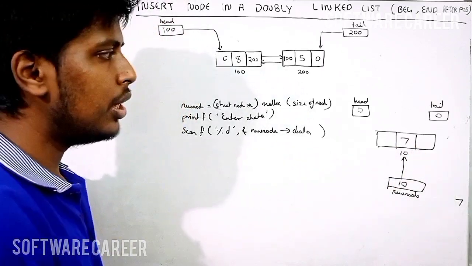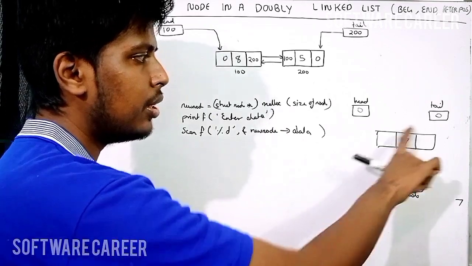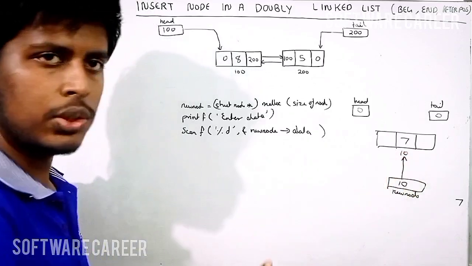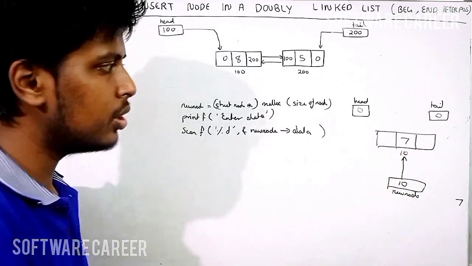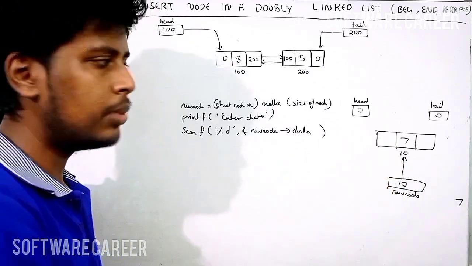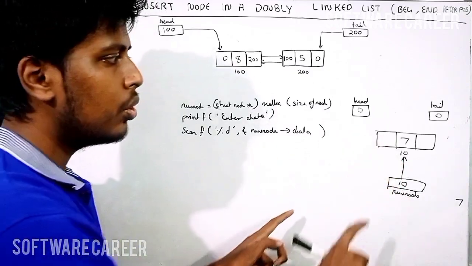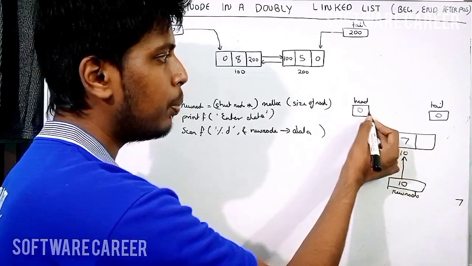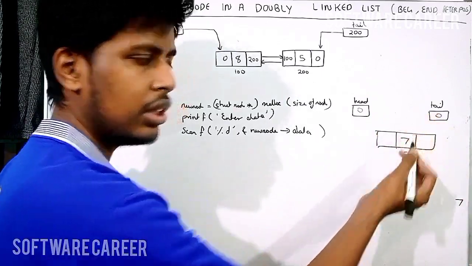Now the next step: you have created a node, and now you should make this the first node as well as the last node, because the linked list is empty. So the only node present is this node. So this is the first node and as well as the last node. Head points towards the first node, tail points towards the last node.